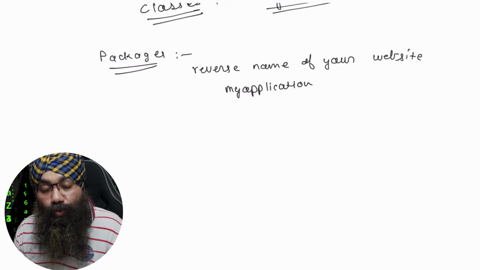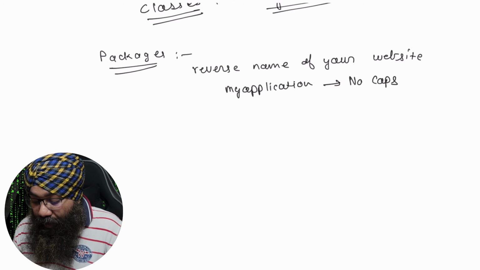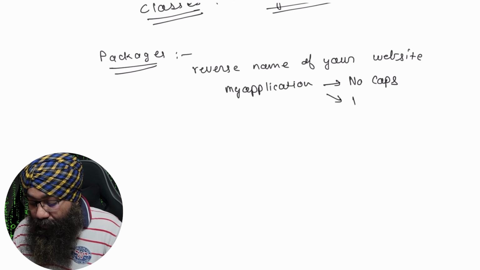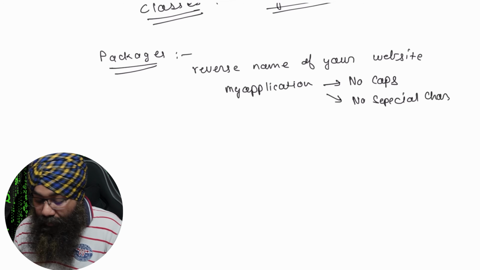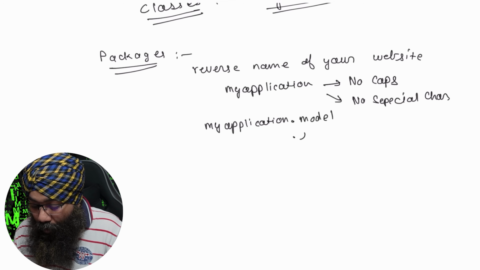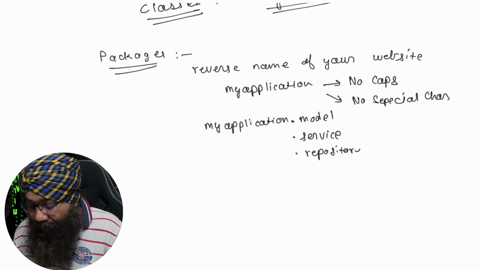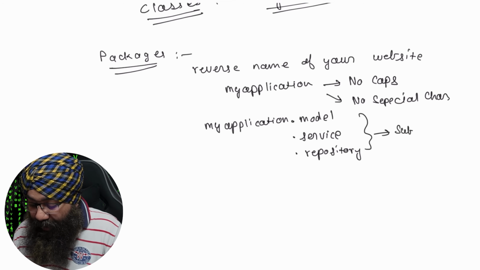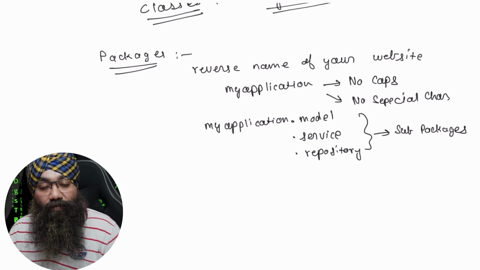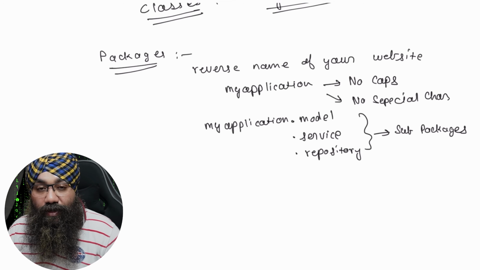The general rule here is you should not write any capital letters, and generally no special characters as well. But when you do this, my application dot model or dot service or dot repository, these are sub packages. Like we have subfolders inside a folder, that way we have sub packages inside a package.